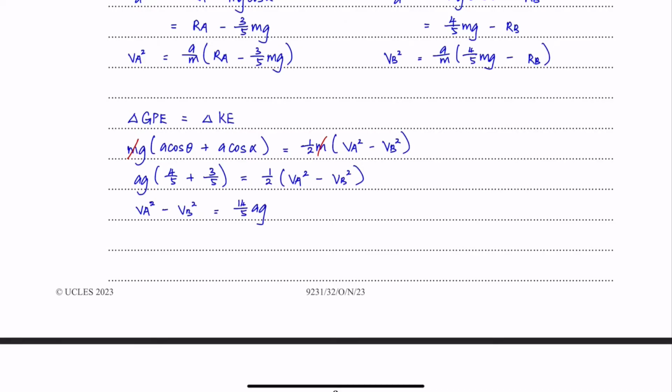And from the previous part, we have the equations for Va squared and Vb squared, so now we can just sub these values in. So we have a over m times Ra minus 3 over 5 mg, minus a over m times 4 over 5 mg minus Rb, equals 14 over 5 ag.